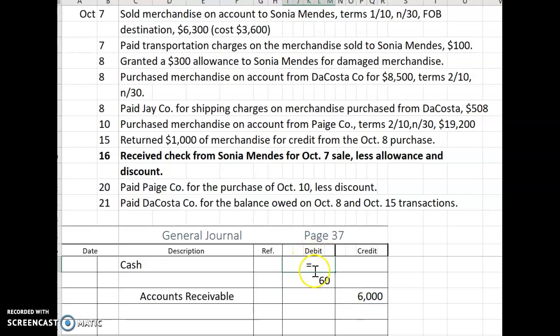So she's going to get to take $60 and only pay us $5,940. The debit for $60 is going to go to sales discounts because the sale really wasn't for $6,000, right? The sale was for $60 less, but we're not going to debit sales directly. We're going to use this contra account. So that's how we'll record that transaction.